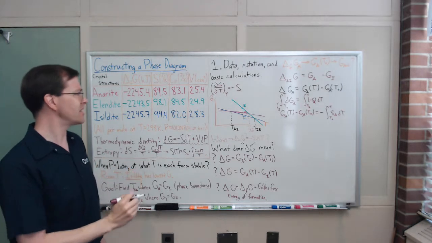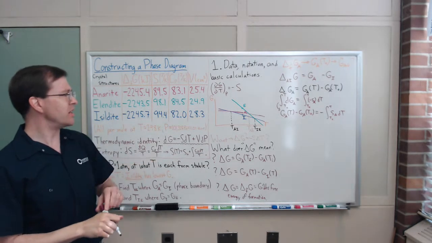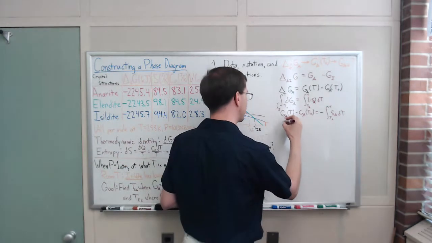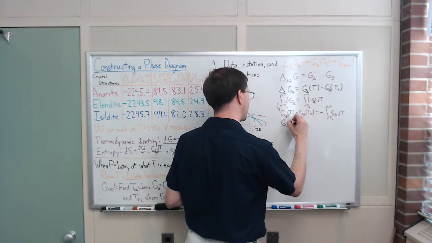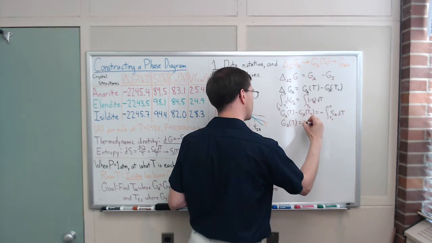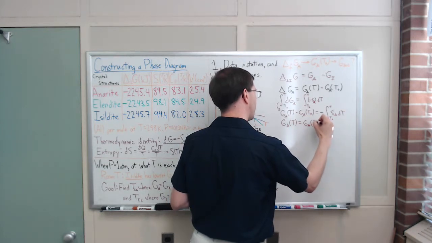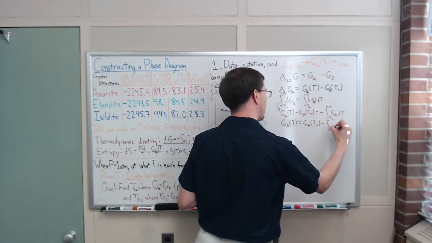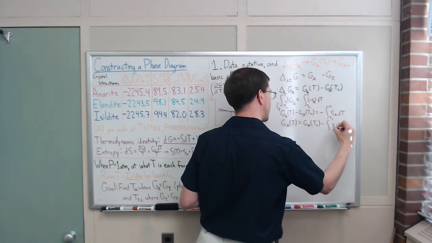But I have this equation. This is handy. I'll rewrite it to say G anorthite of temperature equals G anorthite of reference temperature T naught minus that integral of S anorthite dT from T naught to T.